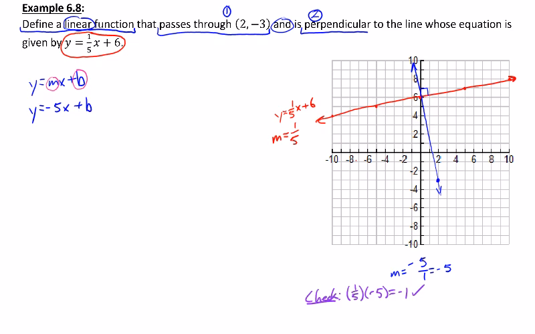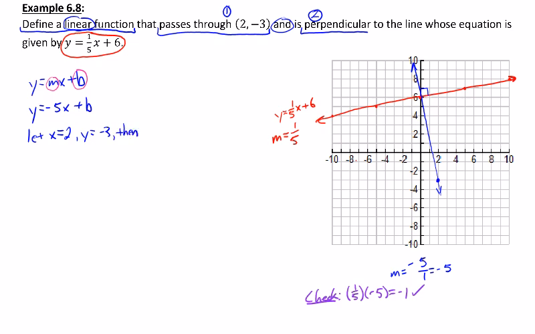Now I know the slope, and like in example 6.7, I can calculate the y-intercept by using the point that's provided. I'm going to let x be equal to 2 and y be equal to -3.